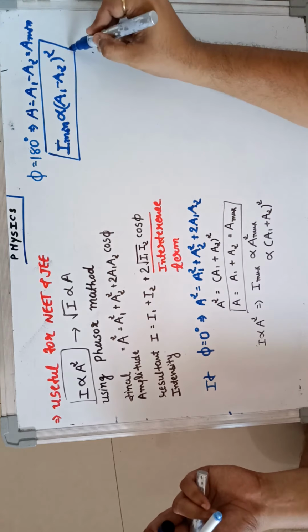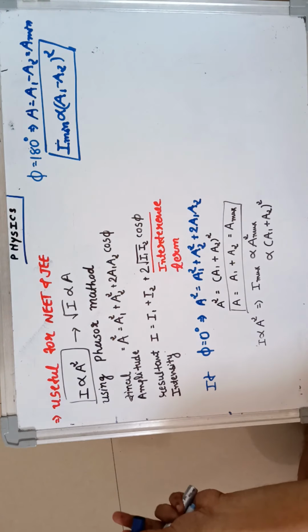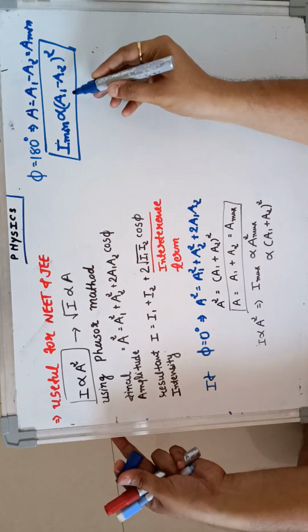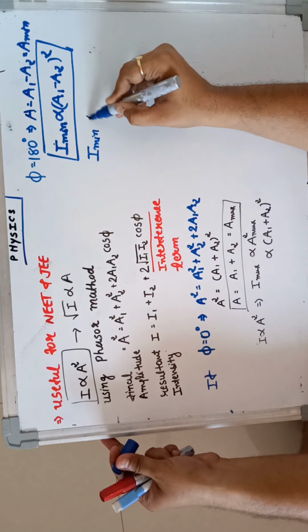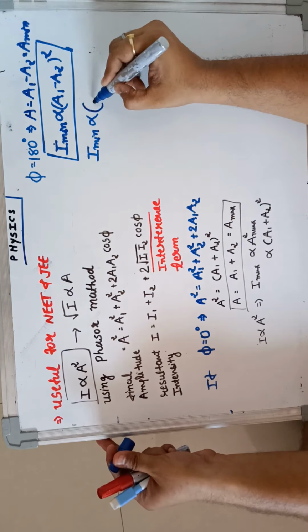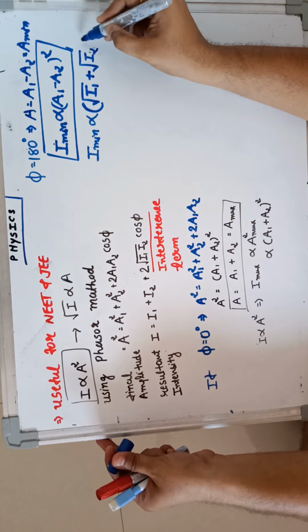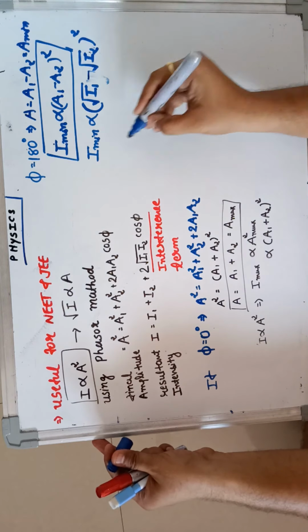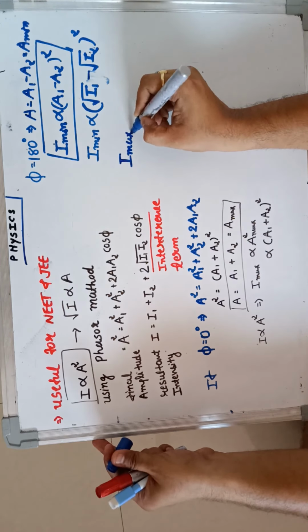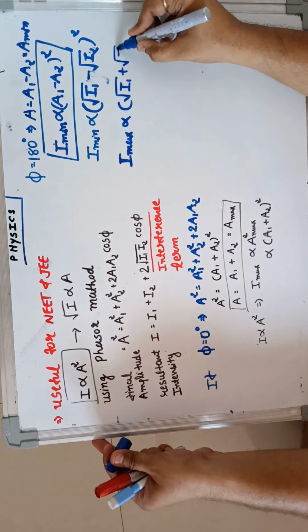So I max and I minimum: I minimum is proportional to under root I1 minus under root I2 whole square, sorry, here we take the minus, and I max is proportional to under root I1 plus under root I2 whole square.